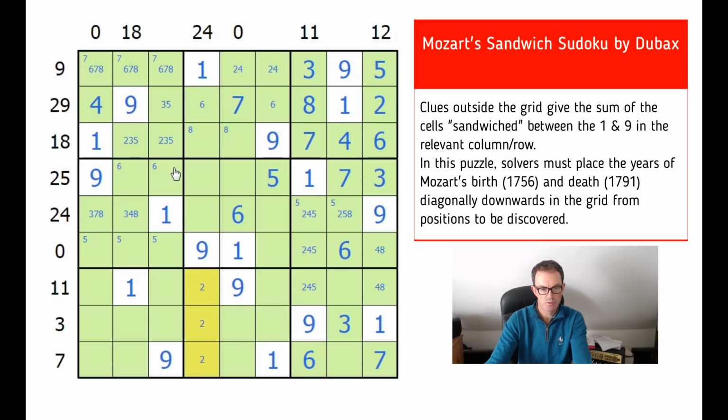We know these add up to 11, but we don't know whether it's 2, 4, 5 or 2, 3, 6. What else do we know? This 18 we've used, this 29 we've used, this 9 we've used, this we've used.